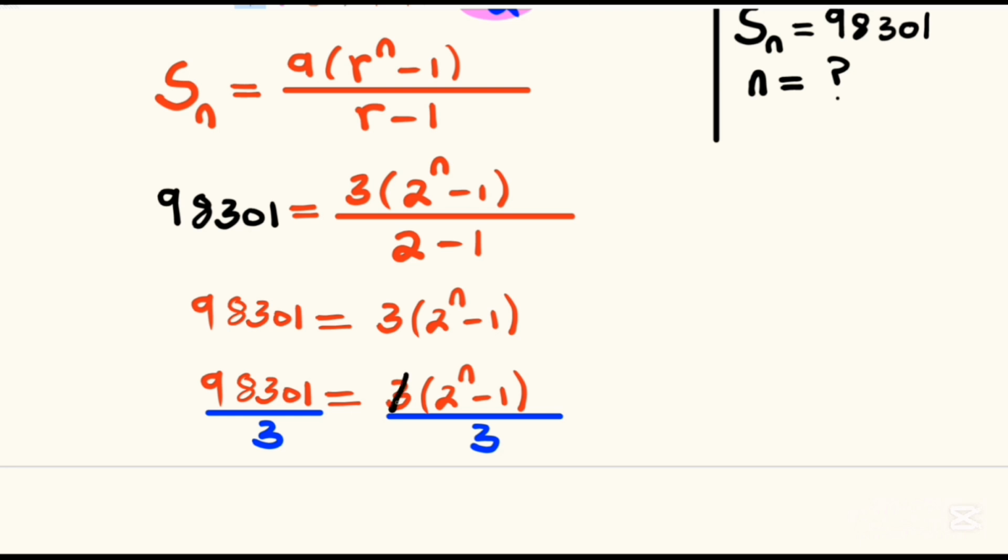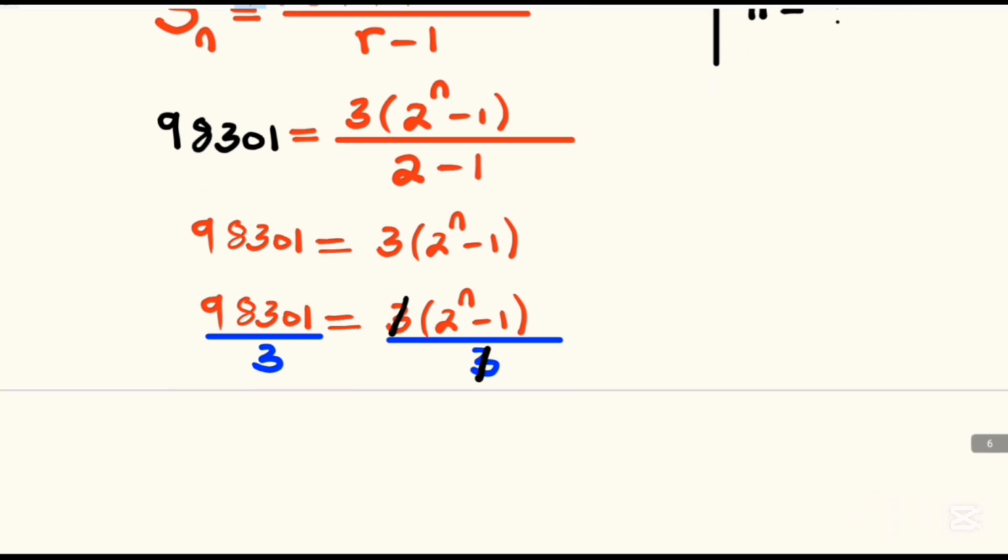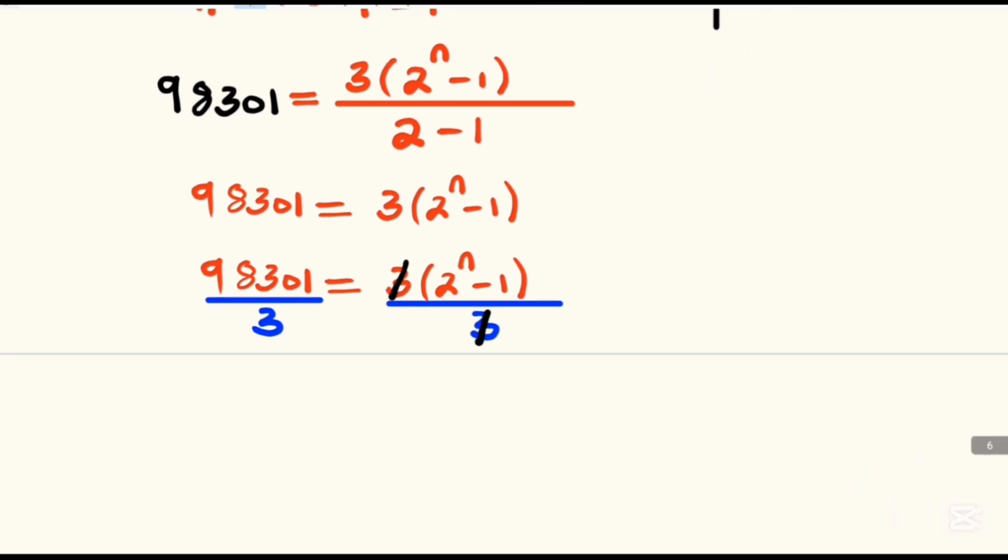And 3 divided by 3 will be equals to 1. So the 3's will cancel out, and we have 98,301 divided by 3, which is equals to 32,767. And this will be equals to 2 raised to the power n minus 1.